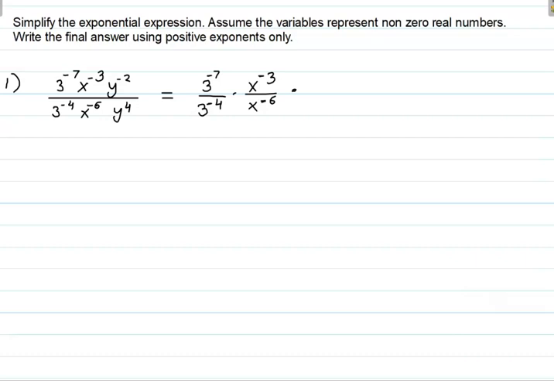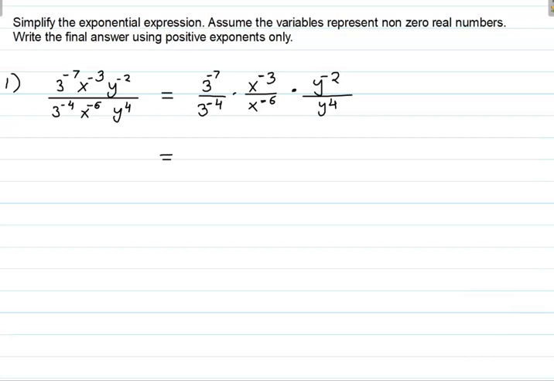Like terms are separated and written like this. See, this looks like an easy one, and don't worry, it's not hard. Once you separate the terms like that, which rule of exponents can you apply here?